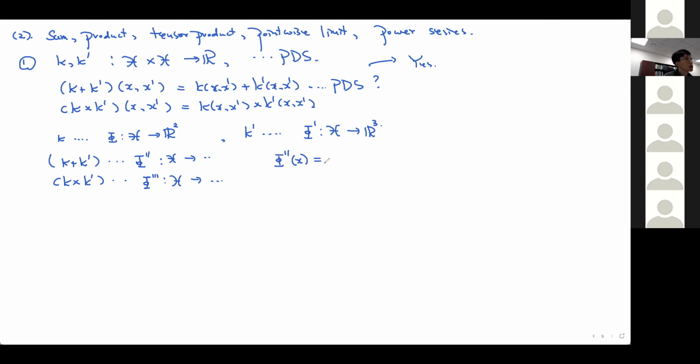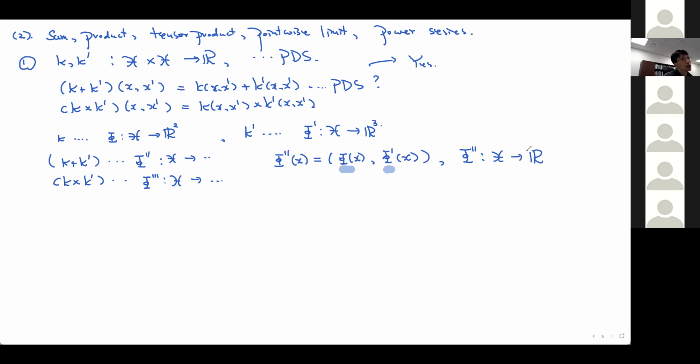So phi double prime of x is just phi of x, comma phi prime of x. This means phi double prime is a map that takes X to R^5, because phi of x is two-dimensional and phi prime is three-dimensional.